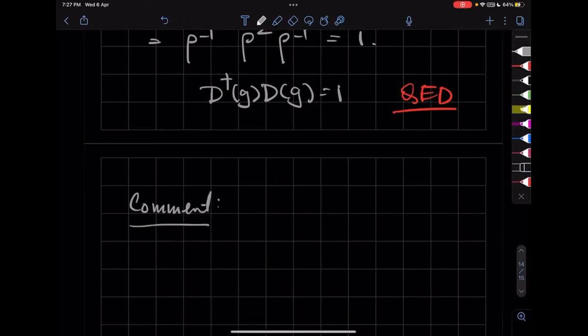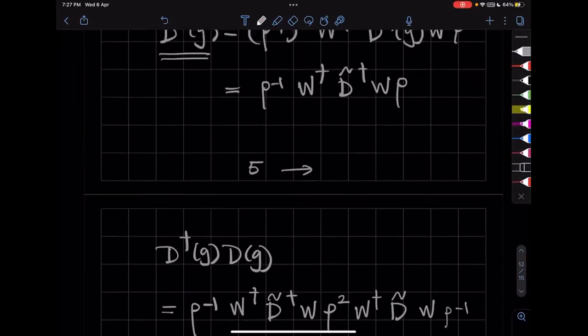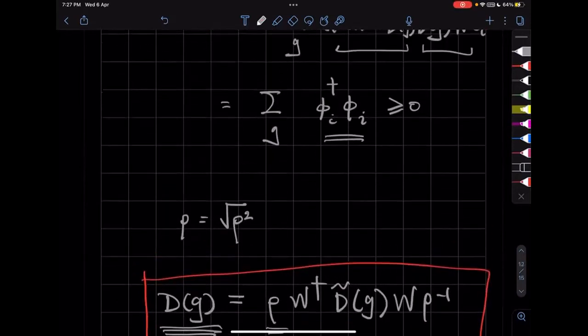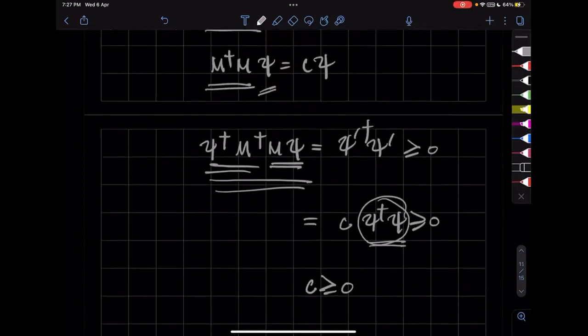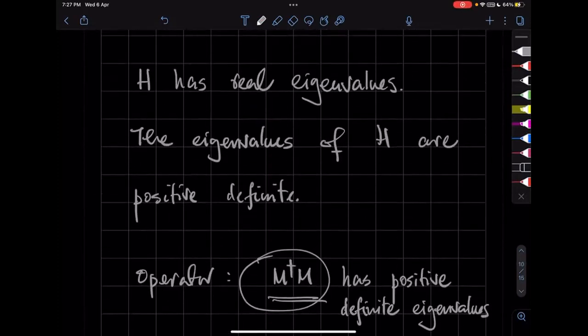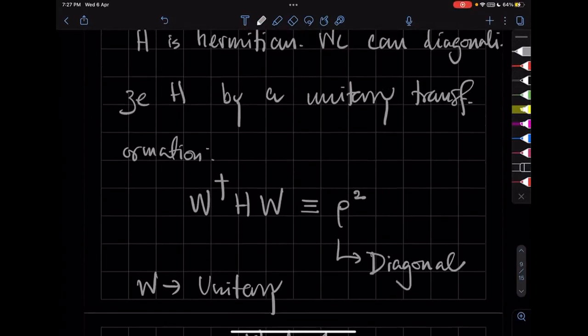The comment is that we have to assume the determinant of rho is non-zero, because otherwise, if I go to rho squared, where is rho squared? Here.